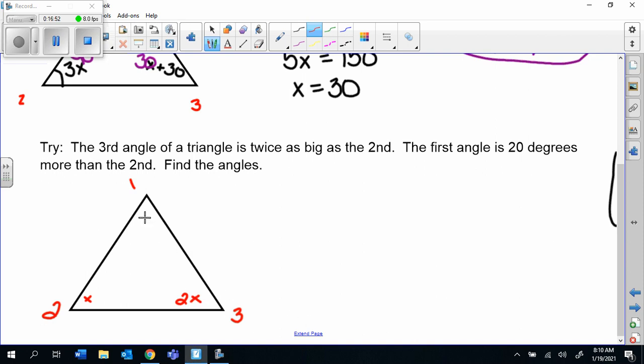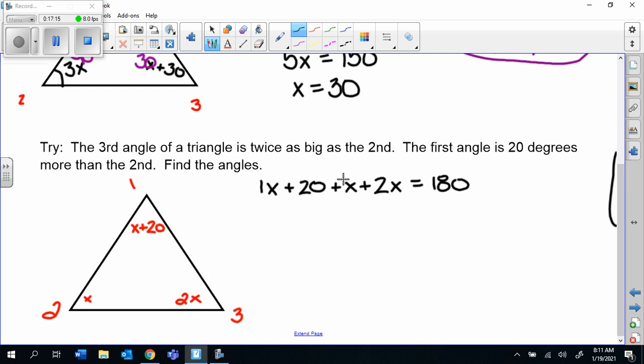And the first one is 20 degrees more than the second. So x plus 20. I don't know if the red ink really does nicely here, so let's change it back. X plus 20 plus x plus 2x. And all triangles add up to 180.